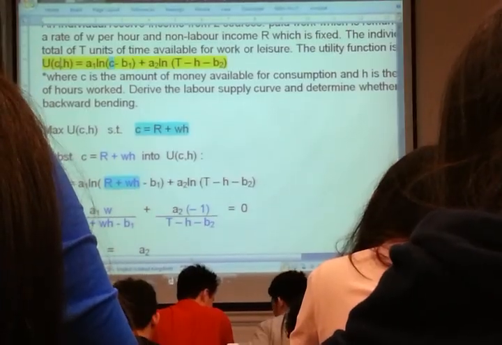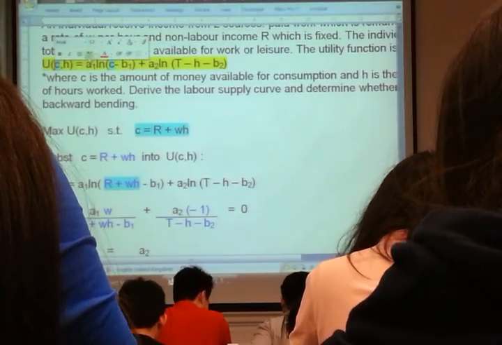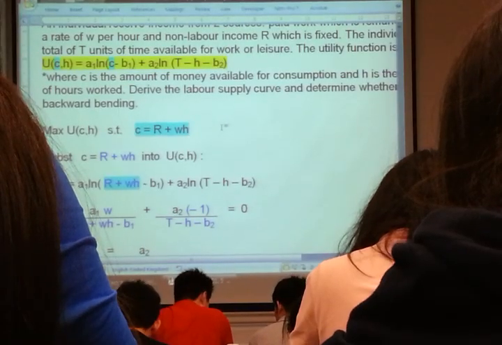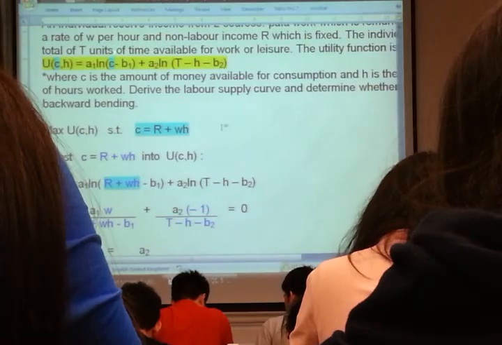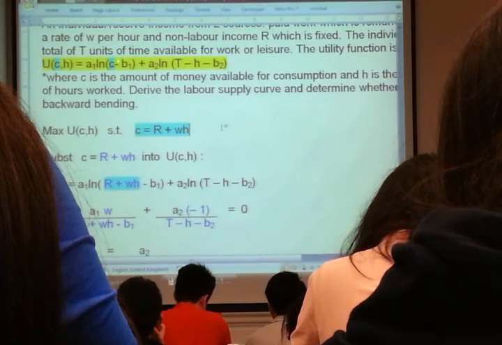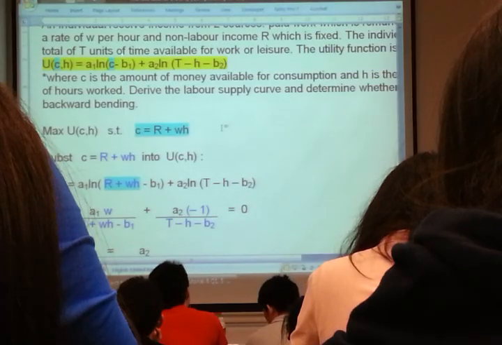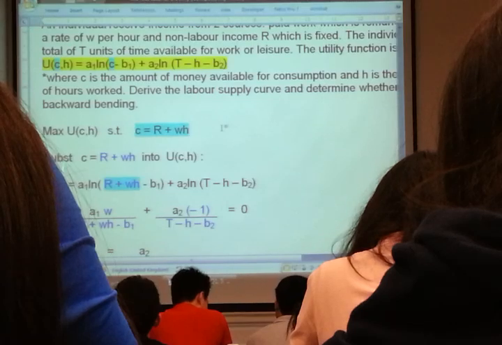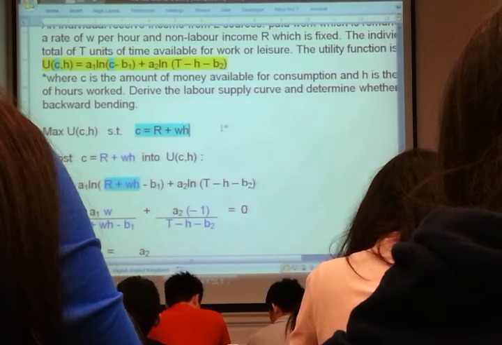So utility is no longer a function of this anymore. You agree? It's no longer expressed as this one. It's just a function of H. Finish.